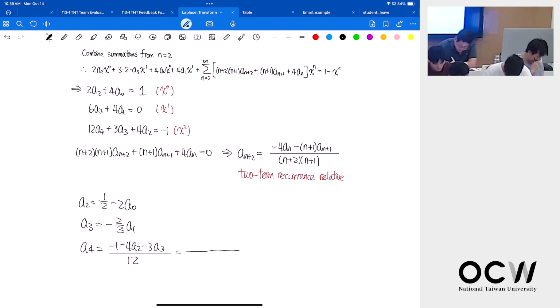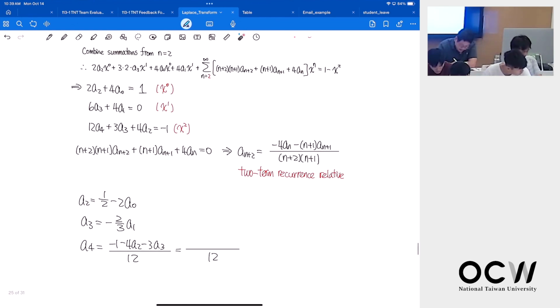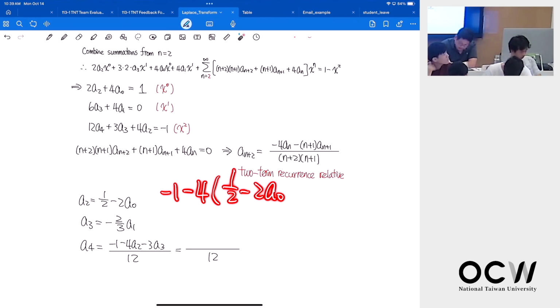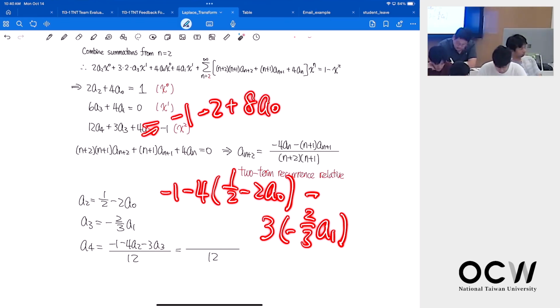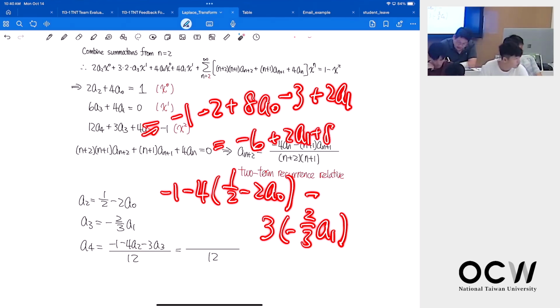That's equal to, first a2 will be, minus 1 minus 4 times (1/2 minus 2a0) minus 3 times (minus 2/3 a1). I will get minus 1 minus 2 plus 8a0 plus 2a1. That will be minus 3 plus 2a1 plus 8a0.